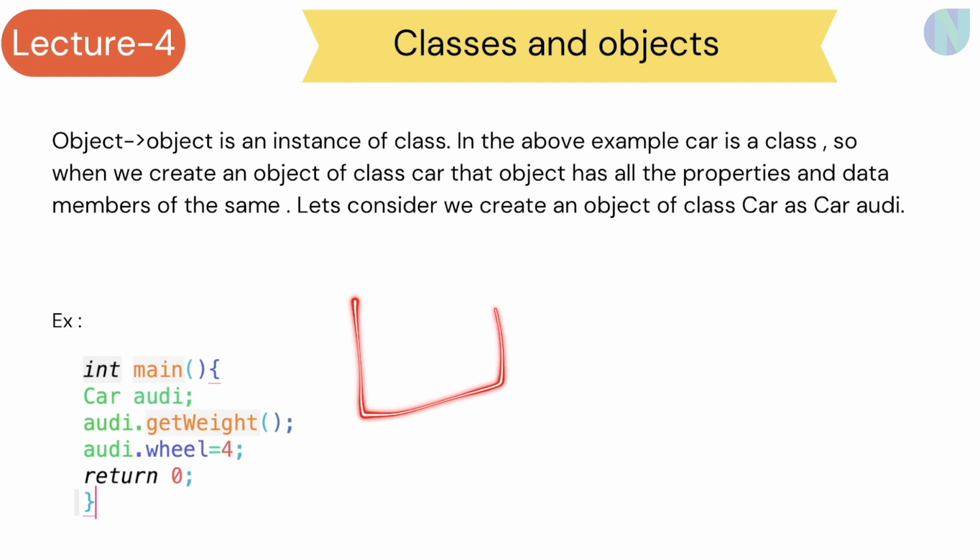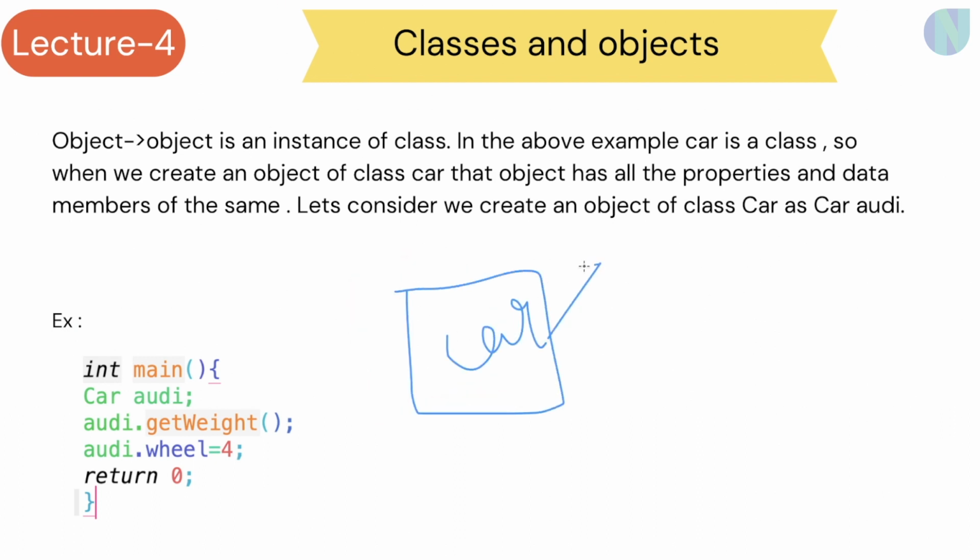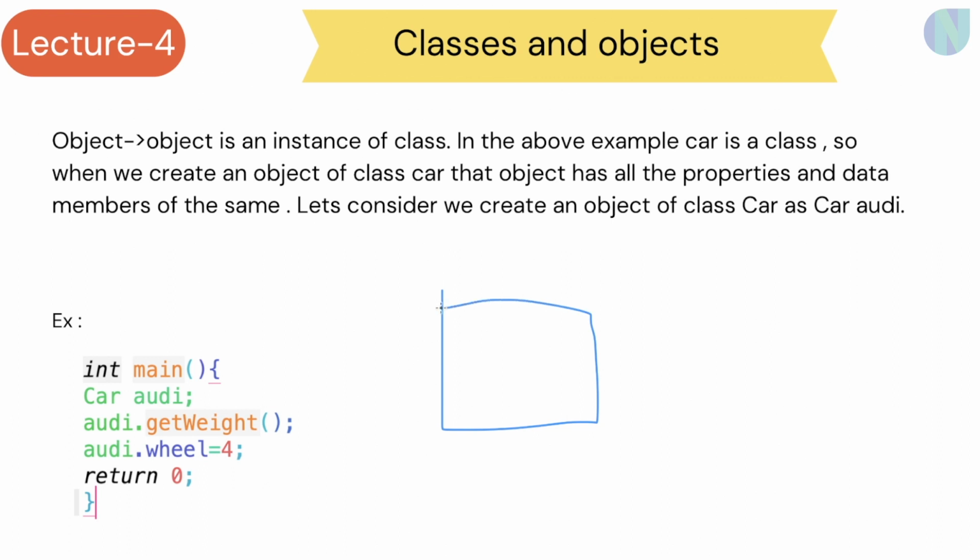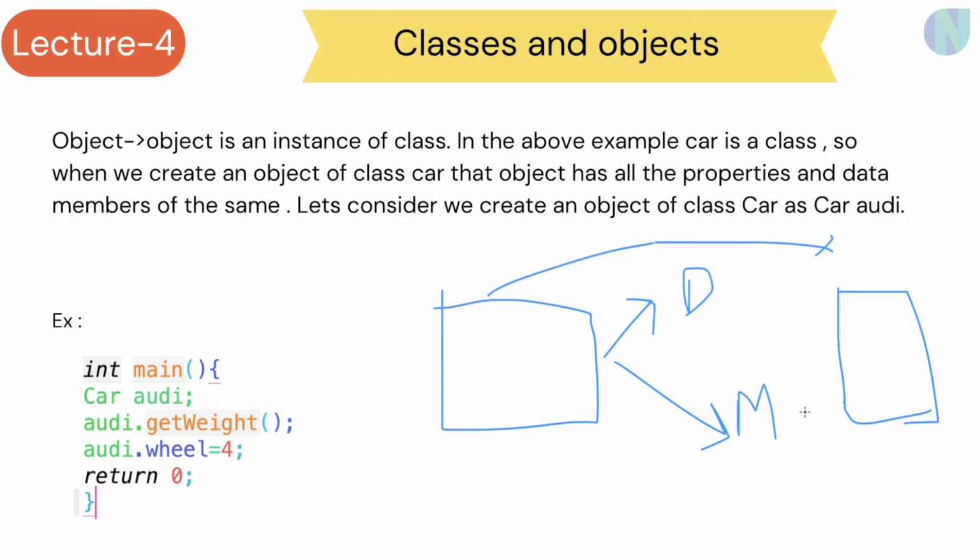You can think of it like this: if this is my class car, it might have some data members and some methods. Whenever I make an object of this class, car Audi, it would have all the data members and all the functions in this particular object.